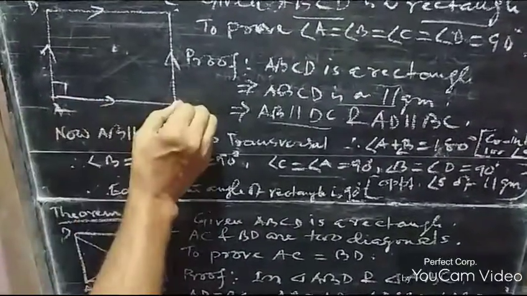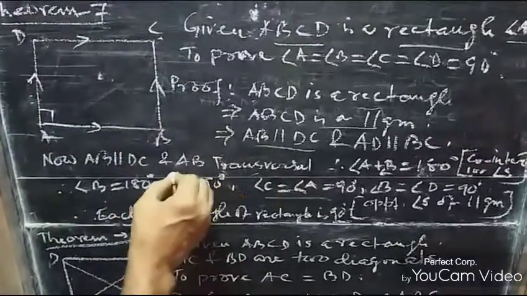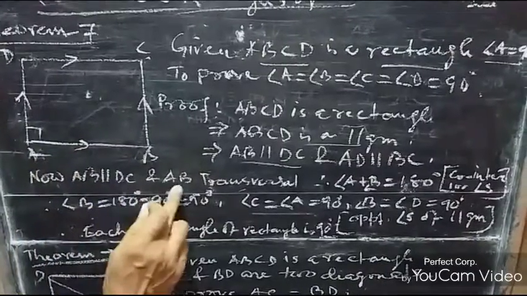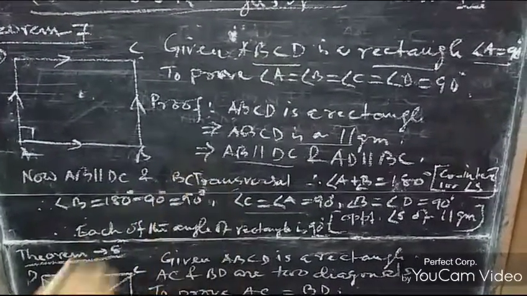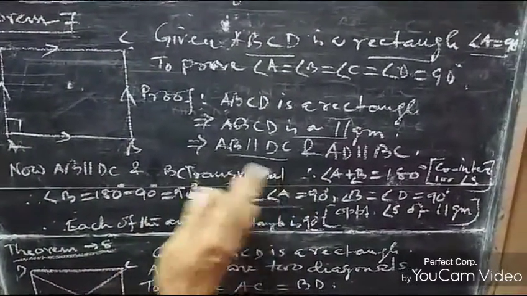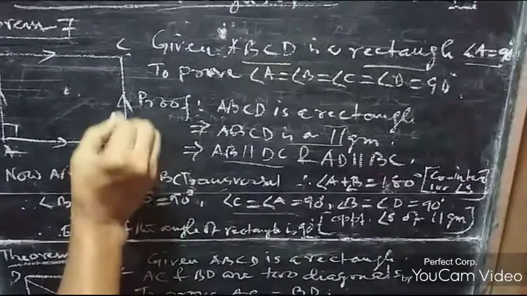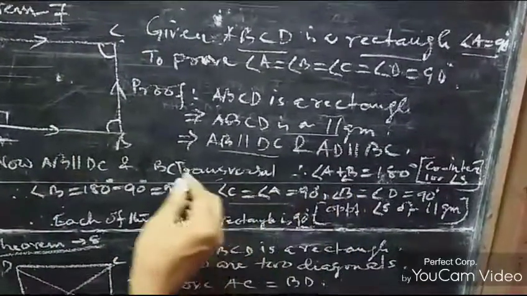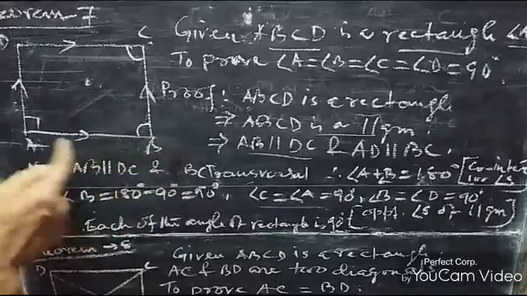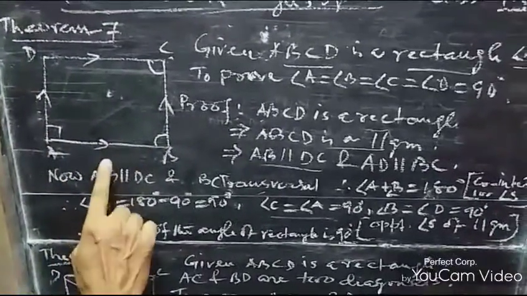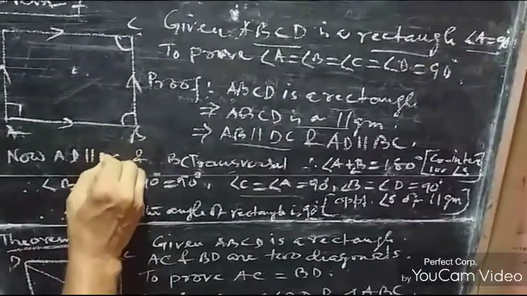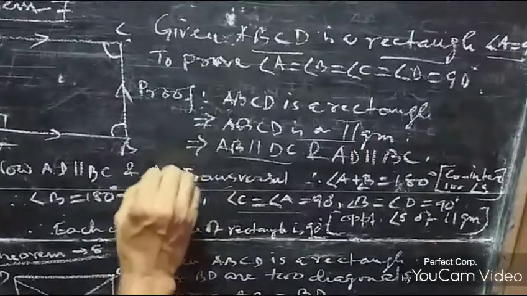Now AB is parallel to DC and BC is the transversal. Let us take angle A and angle B. AD is parallel to BC and AB is the transversal.